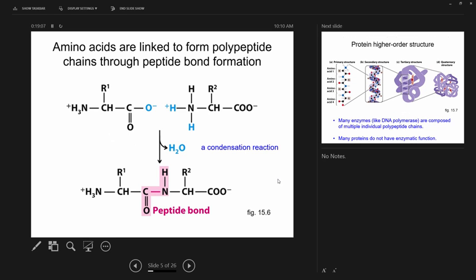All right, so when you're putting nucleic acids together with a polymerase, you are making phosphodiester bonds. That's the bond that holds two sugars together, and each sugar has a base attached to it. Here, the bond that holds amino acids together is a peptide bond. So the peptide bond occurs between the carboxyl group of the preceding amino acid and the amino group of the amino acid that's being added.